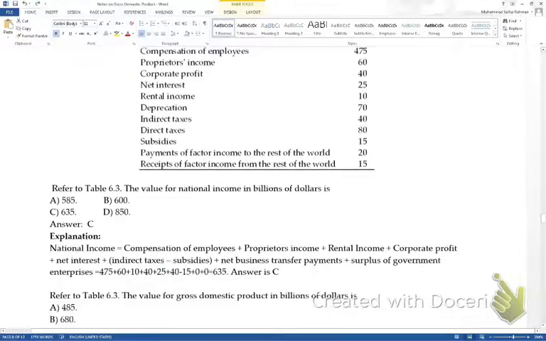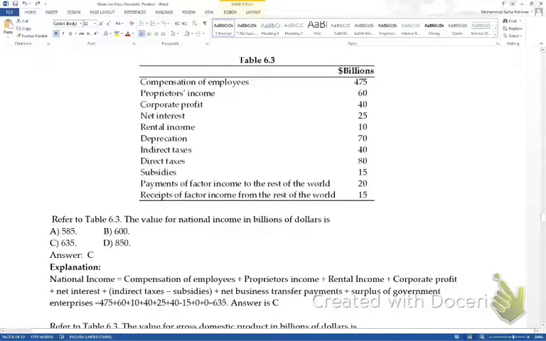And notice that direct taxes really are not part of the GDP calculation. It's the net tax, which is indirect taxes minus subsidies, that is part of the GDP. So other than direct taxes, which is there to really confuse you, everything else on the list is part of the GDP calculation.